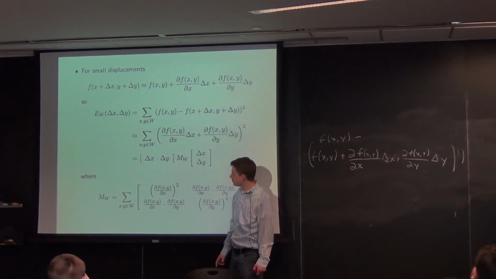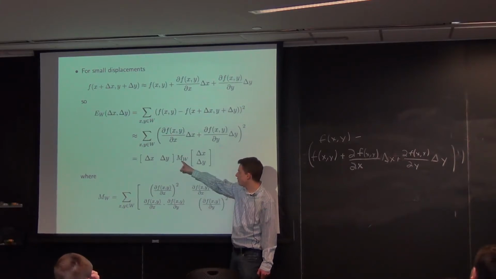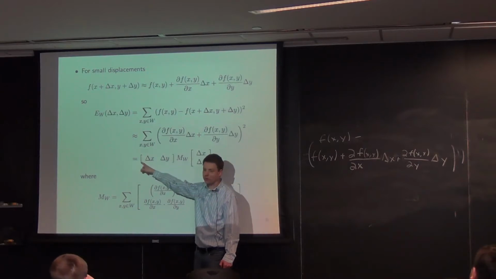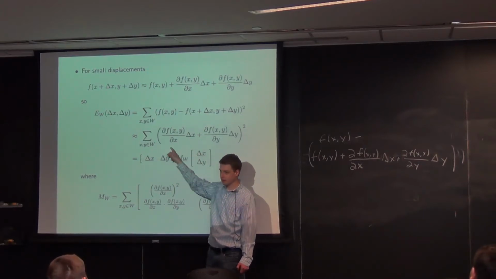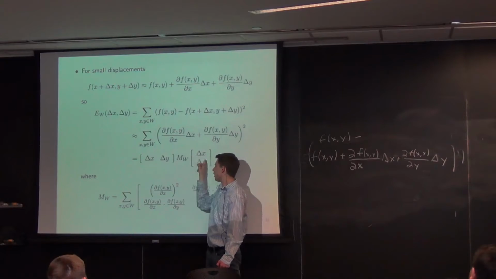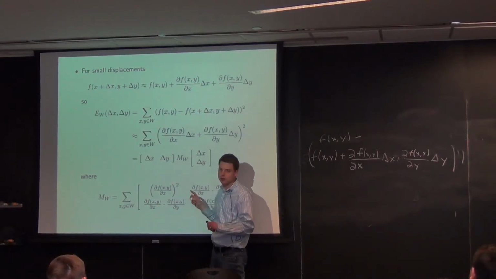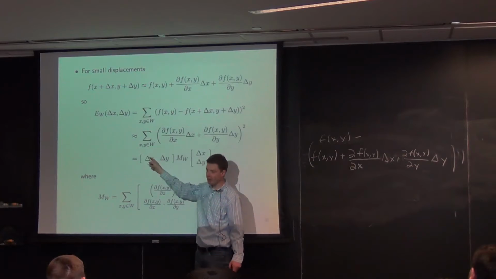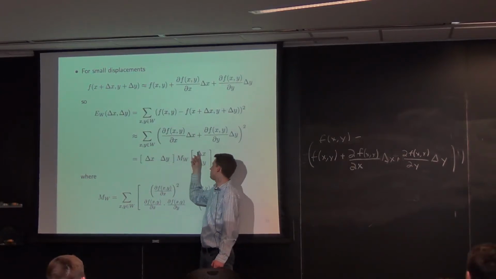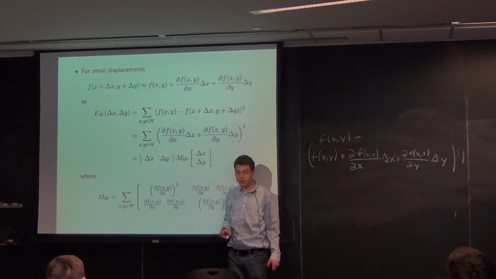Now the question is, can we easily say when this quantity is going to be big for any possible inputs? Big is a relative term, because obviously if these are bigger, this will be bigger. But when is this whole thing going to be big for any possible inputs, delta x and delta y?